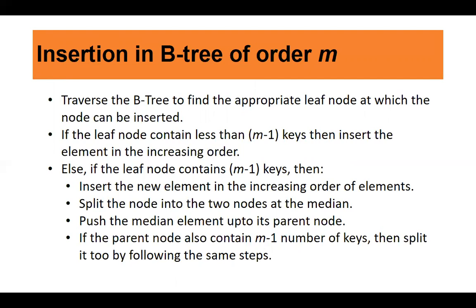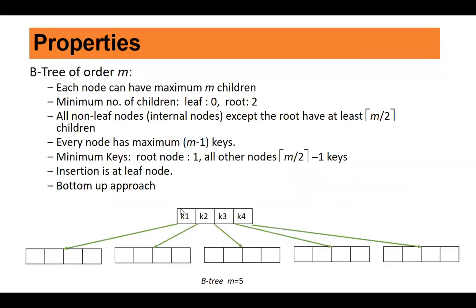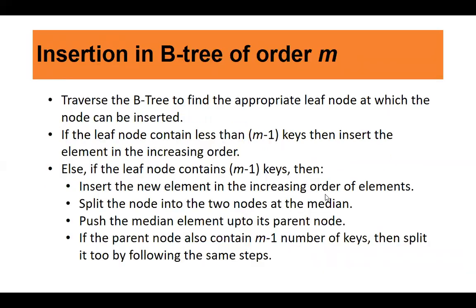If the leaf node contains less than m minus 1 keys, then insert the element in increasing order, as I already told you. Suppose it has only K1 and K2 and the rest are blank; whenever you insert, you check and insert in ascending order.